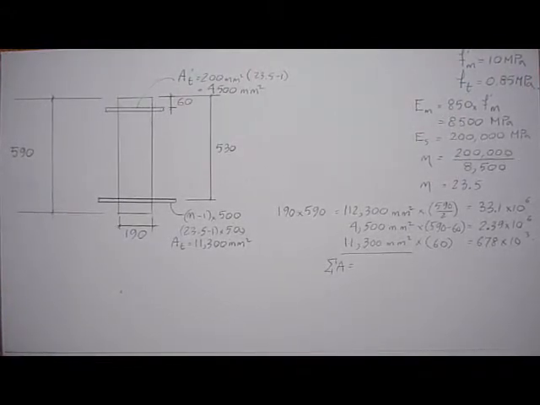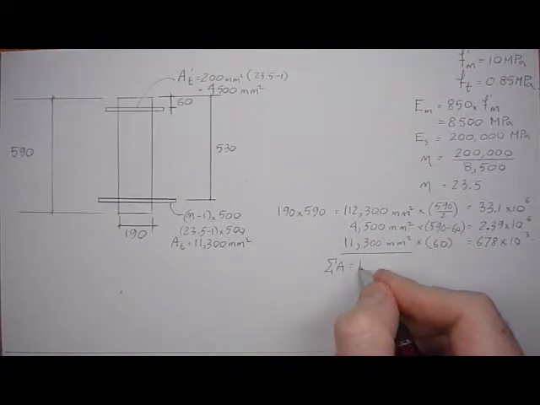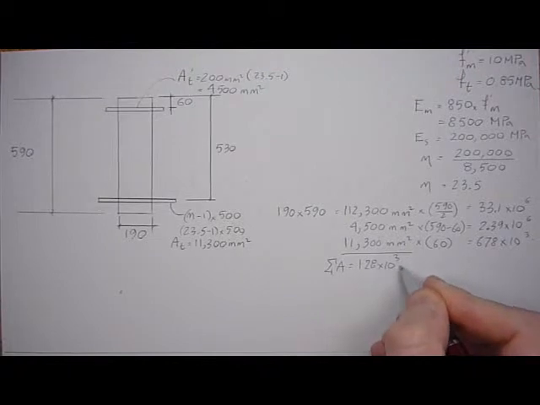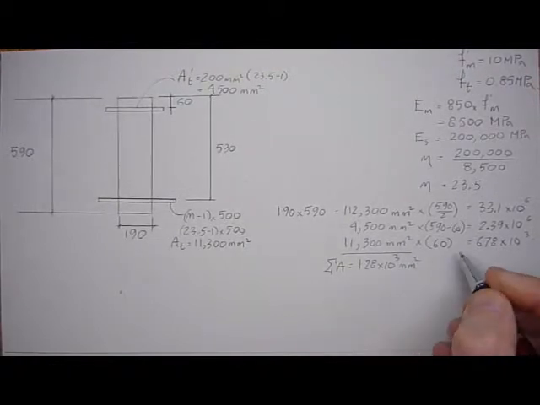So now we can add up the areas, the sum of the areas. 112,300 plus 4,500 plus 11,300 is 128 times 10 to the third millimeters squared.